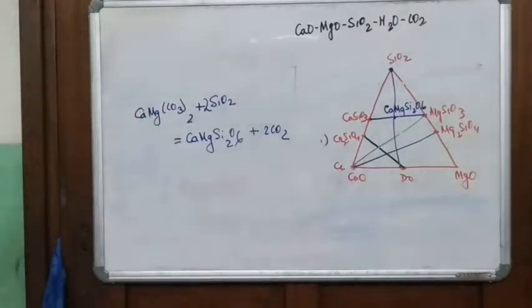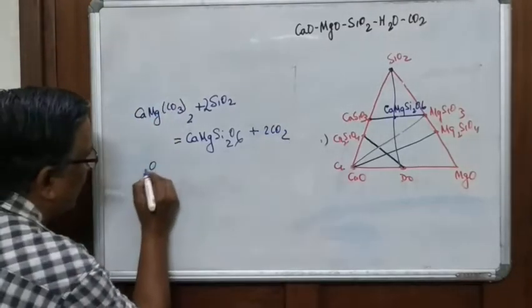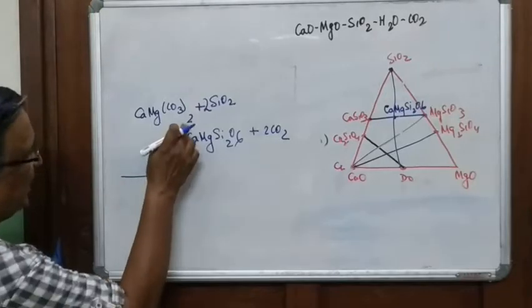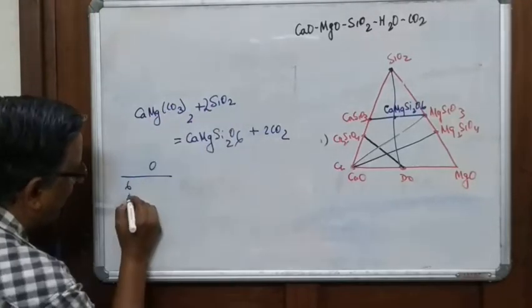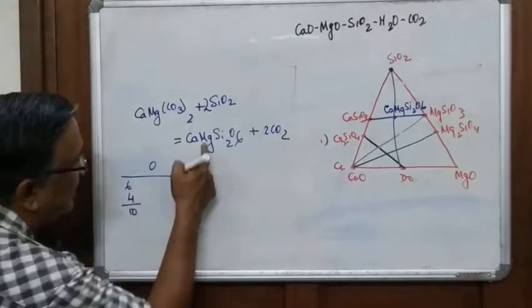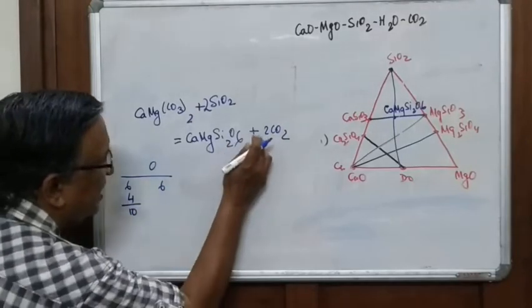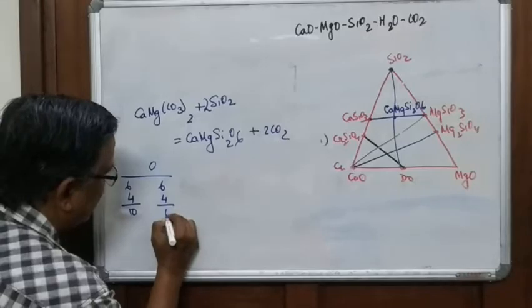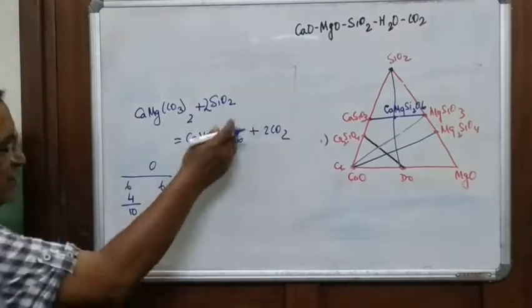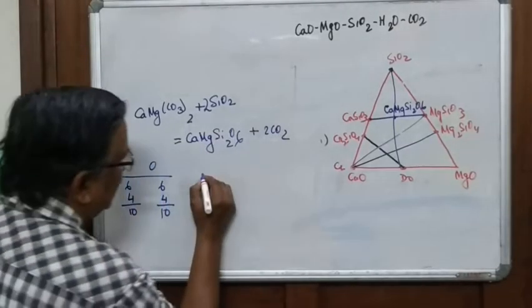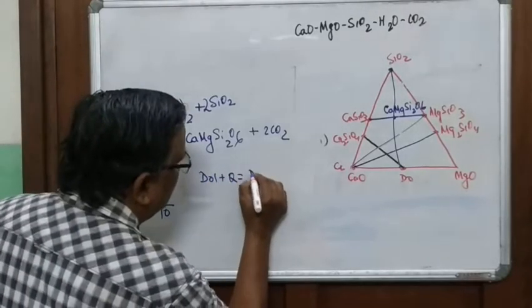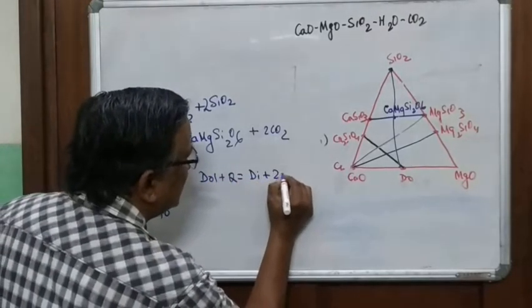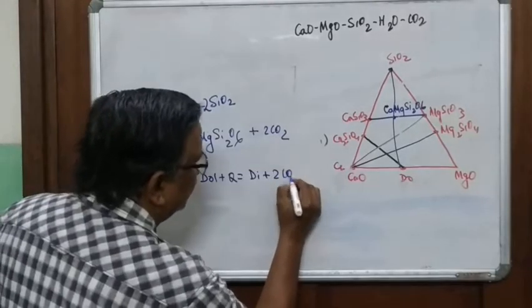That is how the reaction should be. So if I go to the oxygen again, left hand side, you have 6 oxygen, 3 to 6. Here it's 4 oxygen, 6, 4, 10. Here it is 6 oxygen, and 2 into 2, 4. It's 10 oxygens towards the right hand side. So the reaction is dolomite plus quartz is equal to diopside plus 2CO2.